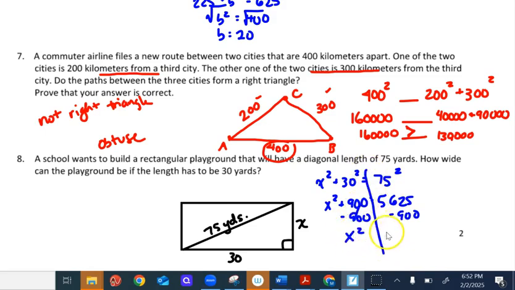X squared equals 4725. So square root both sides. This gives us a decimal approximation of 68.7.